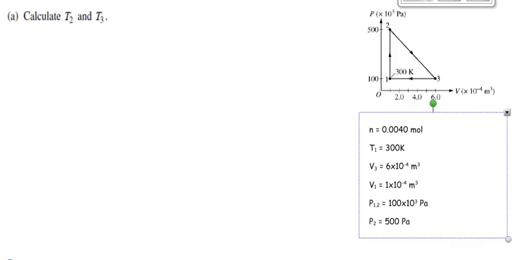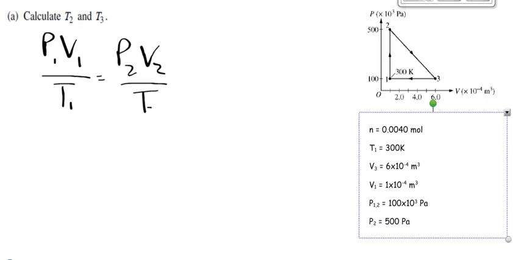Part A says calculate T2 and T3. In order to find the temperature at one point, you have to reference it with another, and a really easy way to do that is by using the ideal gas law. The ideal gas law says P1 V1 over T1 equals P2 V2 over T2.